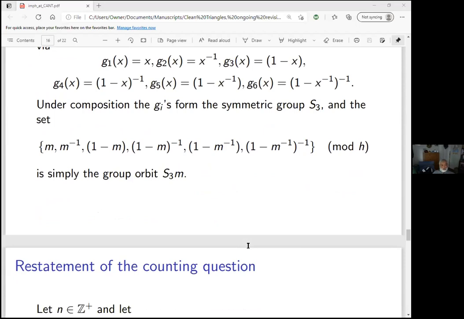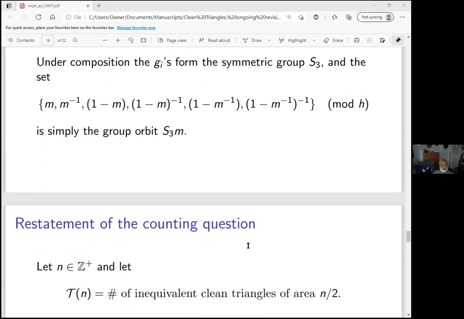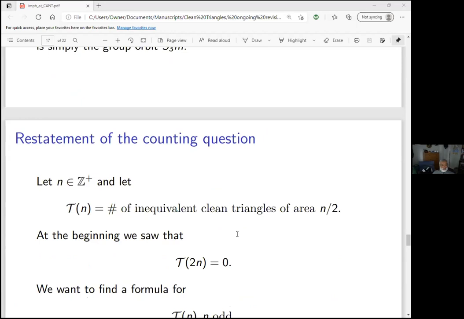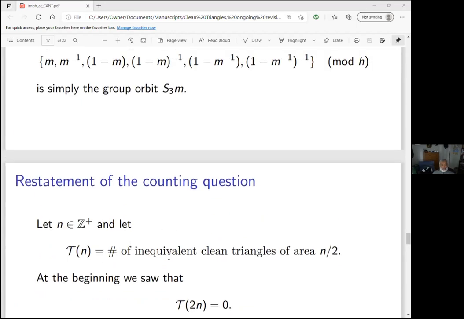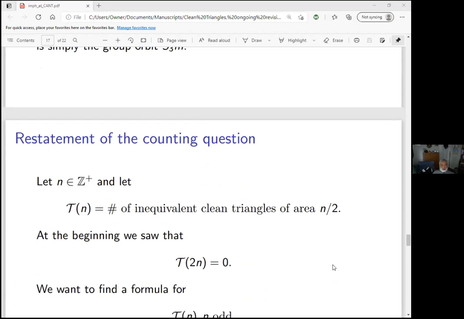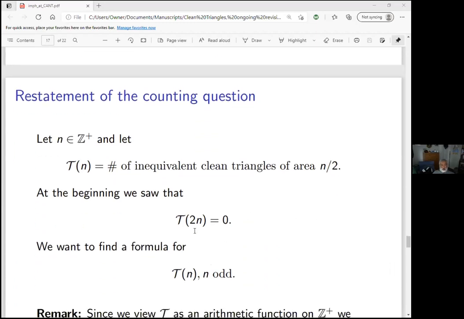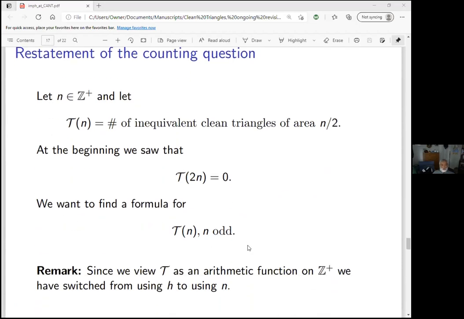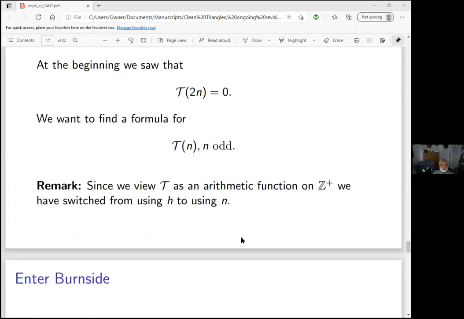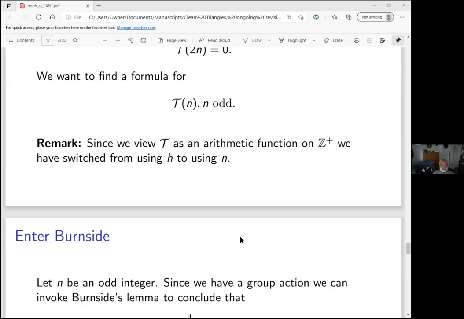Burnside. But let me first restate the counting question. So by this calligraphic T of n, we're looking at the number of inequivalent clean triangles of area n over 2. And we saw that for even numbers, this is equal to 0. And so what we want, our goal is to find a formula for T of n when n is odd. So to do this, we use Burnside.